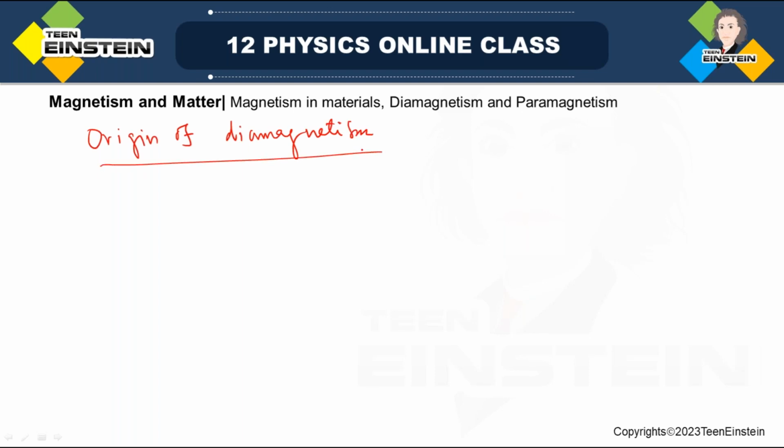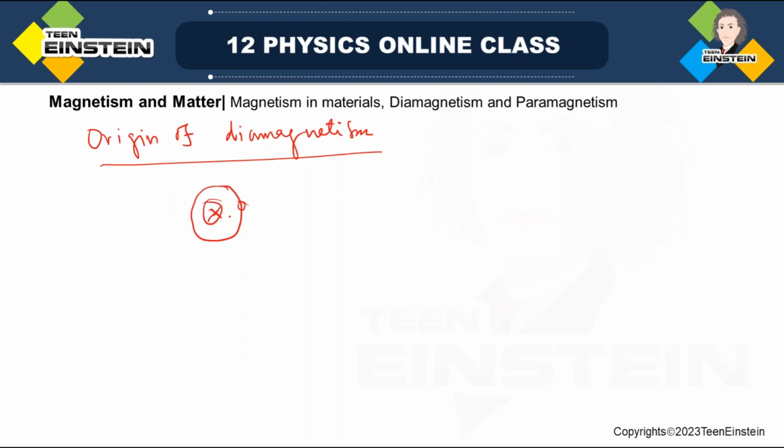In general, in a magnetic substance there are a huge number of atoms, right? And in atoms there are electrons. The outermost electrons are orbiting around the nucleus, that you know.